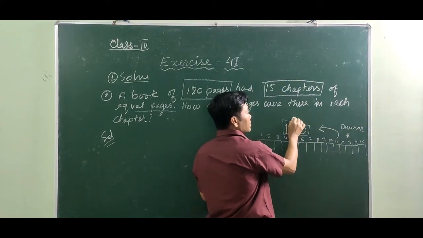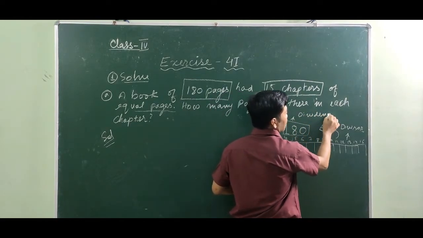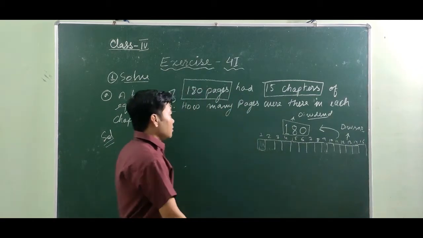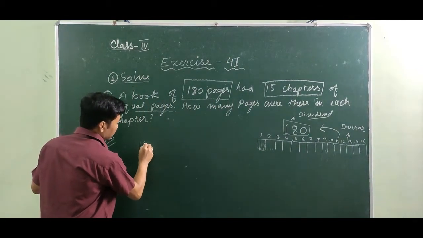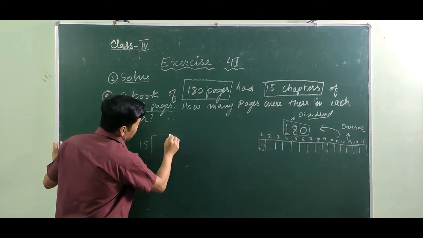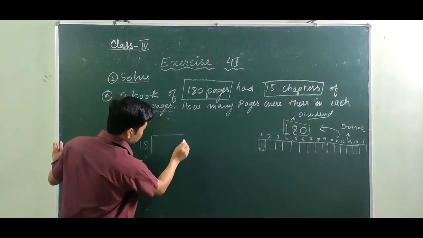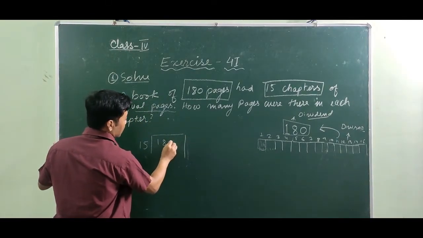The total number of pages is the dividend. So our divisor is 15 and our dividend is 180, the number of pages.